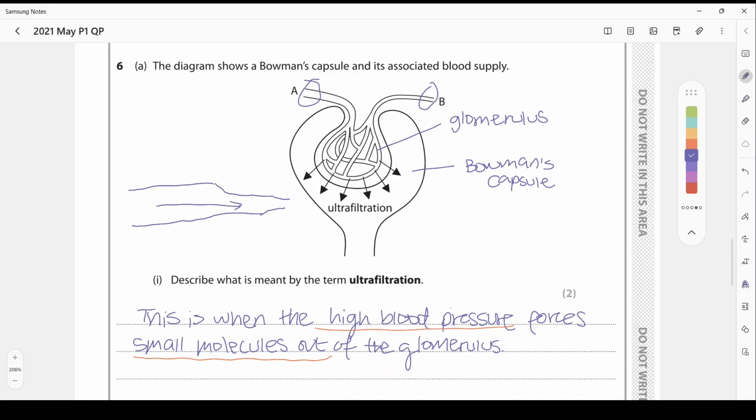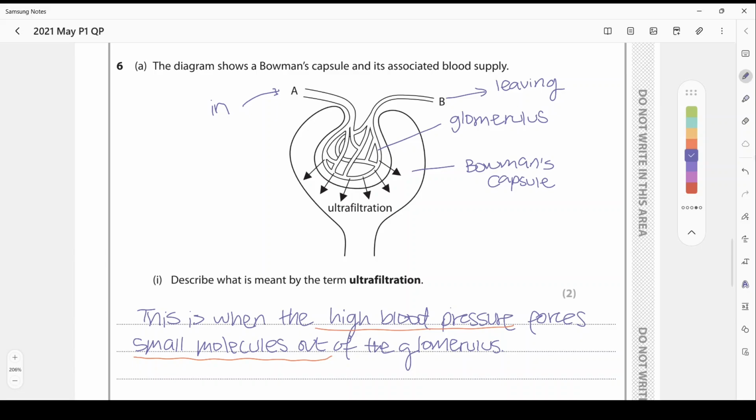It's similar to, for example, on the road, if you have 5 lanes and then these 5 lanes merge to become 2 lanes, you'll have a bottleneck. So it creates high blood pressure. So this is blood coming in and this is blood leaving.